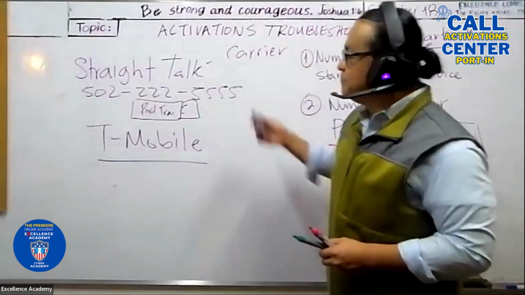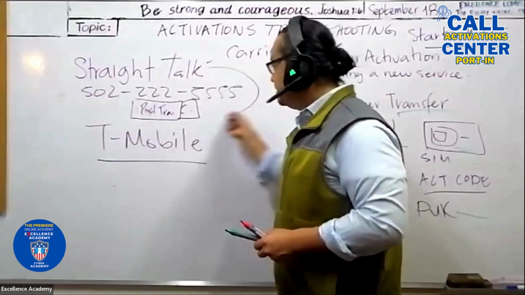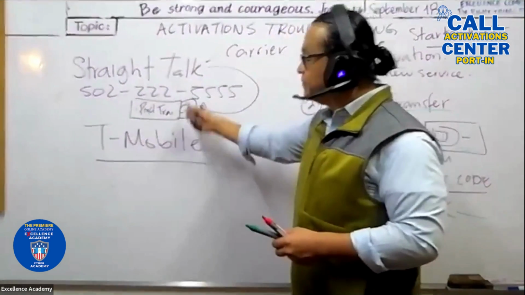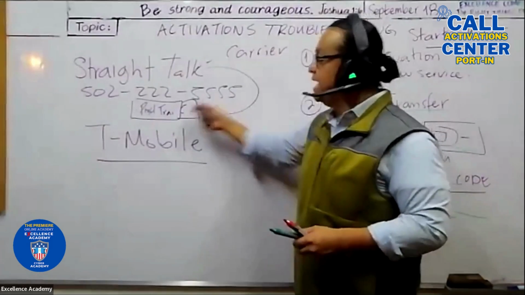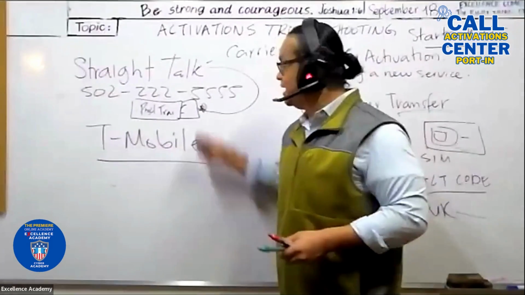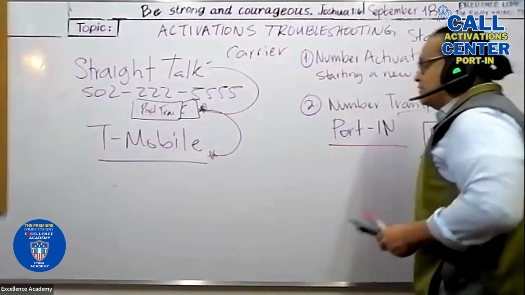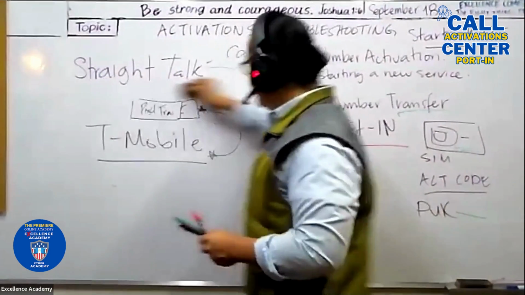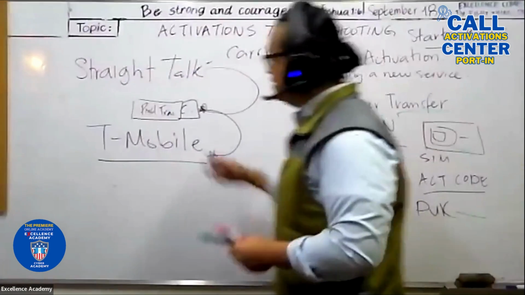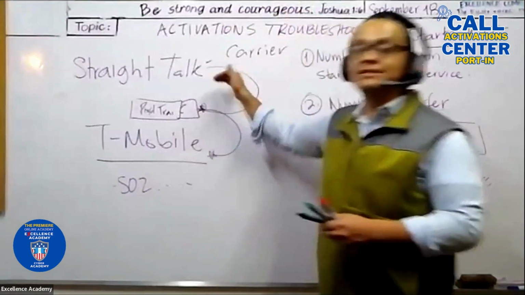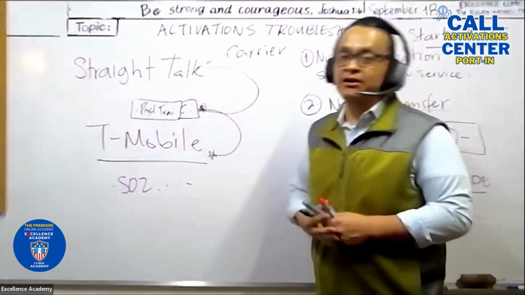So the Straight Talk number has to go through the port transfer center, and if everything checks out okay, then it is released to T-Mobile. If everything goes through according to plan, this number will now be activated with T-Mobile, and it will cease to work under Straight Talk.